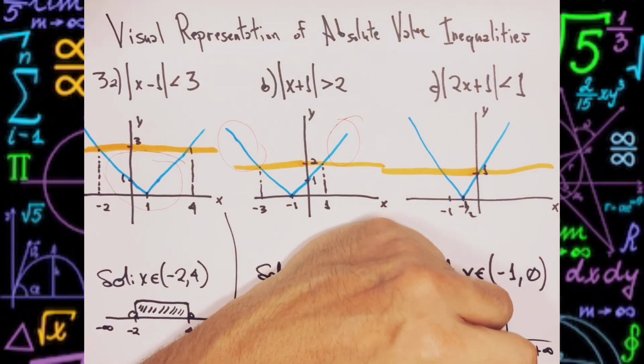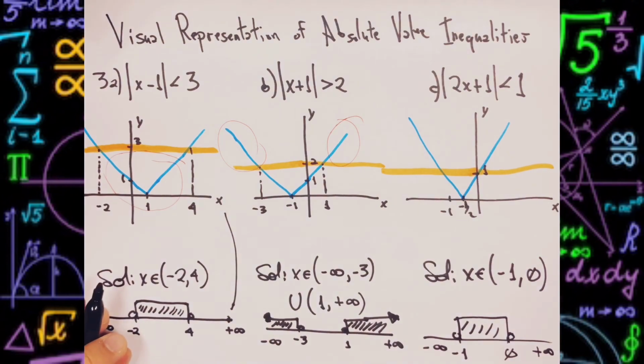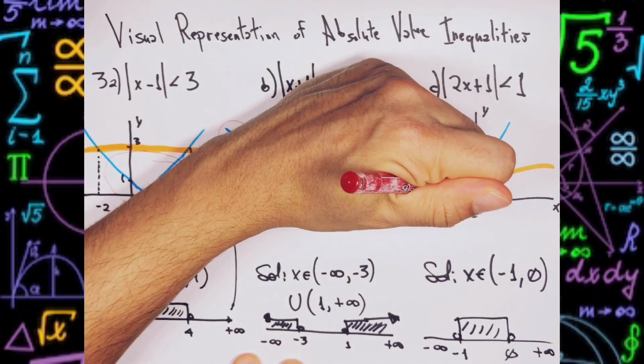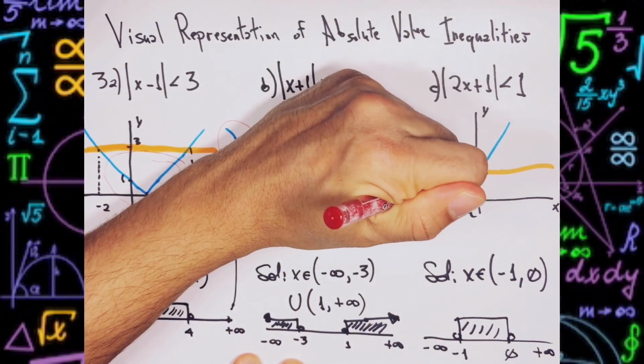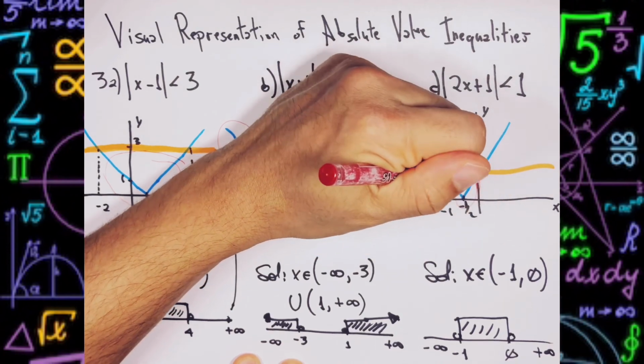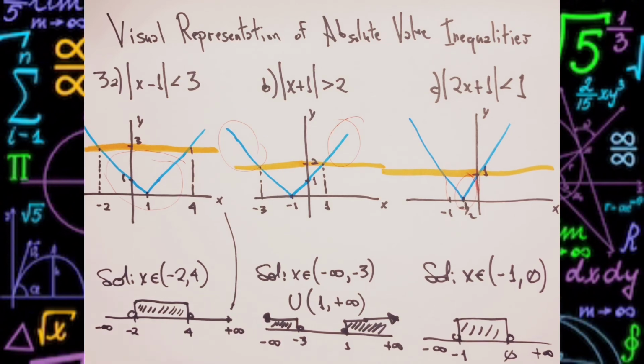And if you look at the chart in the xy axis, you will see that it is at those two points, -1 and 0, that the functions intersect. Therefore, the area in which the absolute value of 2x plus 1 is less than 1 is this one right here, all the area covered between -1 and 0. So there you go. Hope you like this video and see you in the next one.